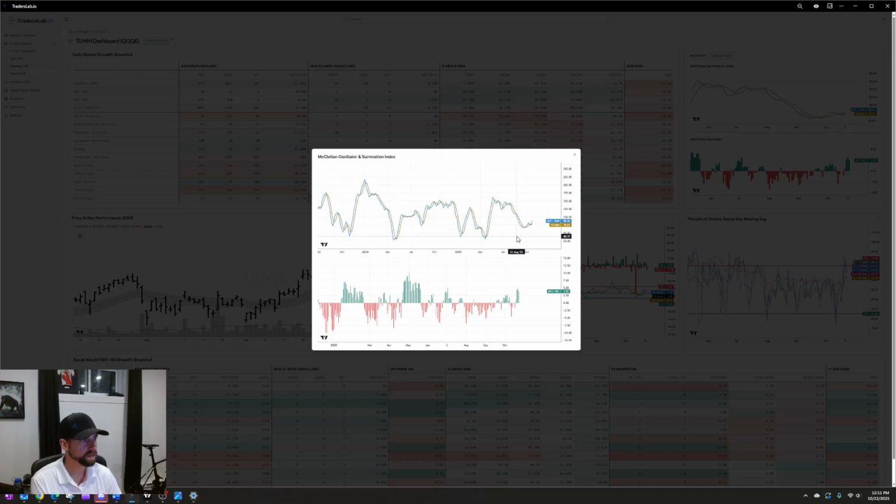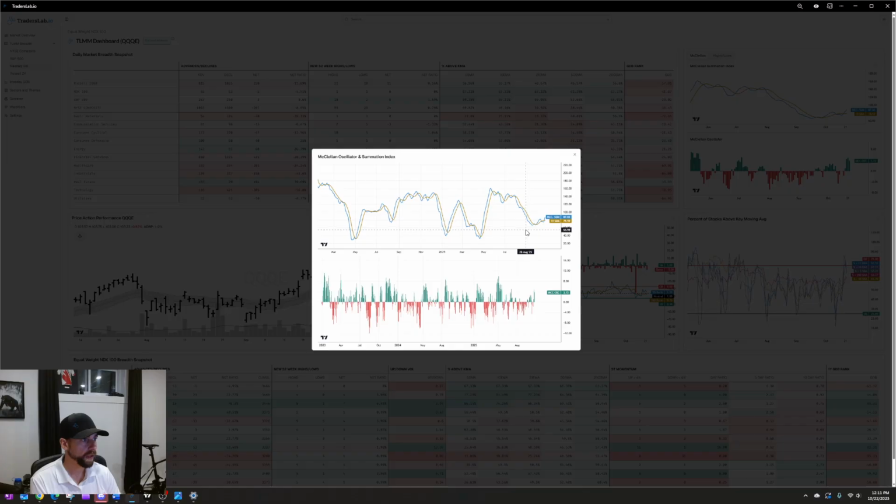And the problem is, this summation and the oscillator go between extremes without much reference as to what is an extreme. Sometimes we go to 8, sometimes we go to 5, and same problem to the downside as well.